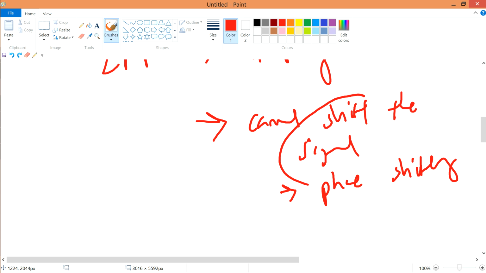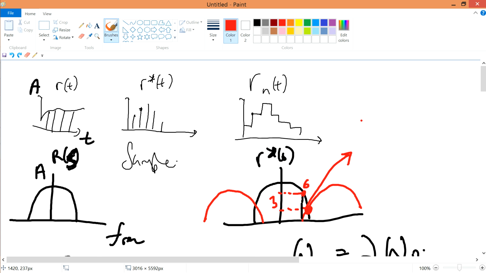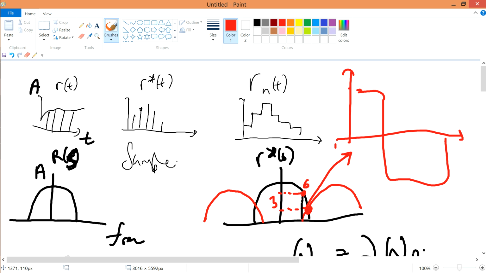And why do we want to shift the signal in the first place? If you still remember, your R(t) is an analog signal. An analog signal can be represented by many signals. For example, if you want to create a square wave, you have a square wave over here, and then you have multiple very small signals all over here, and other colored signals that eventually help you form your square wave.